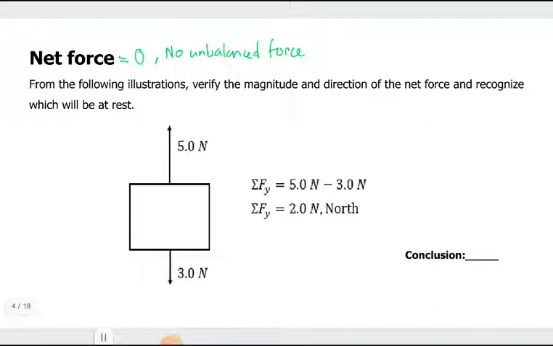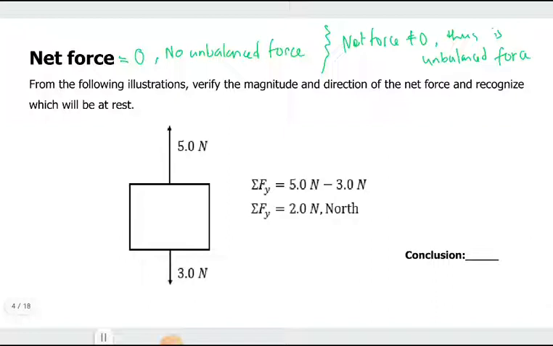When the net force is zero, that means the forces cancel out. But if the net force is not equal to zero, there is unbalanced force. The forces do not balance out or cancel out, and the object will be accelerating in the direction of the net force.